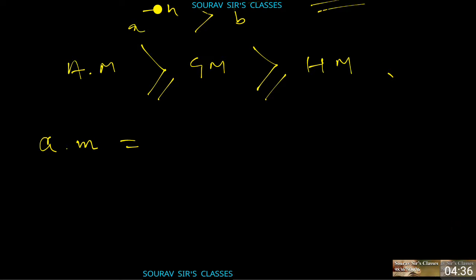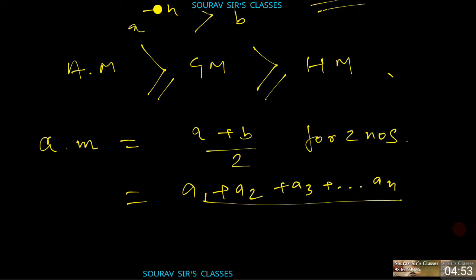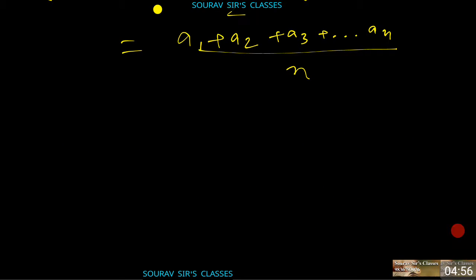AM, the arithmetic mean, is a plus b by 2 for two numbers. Now we will do it for n numbers. This becomes a1 plus a2 plus a3 till an, the whole divided by n. Now we come to the geometric mean.